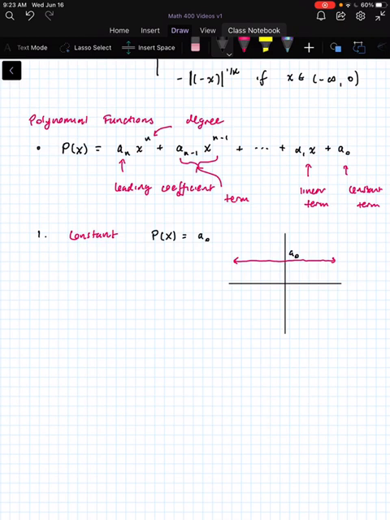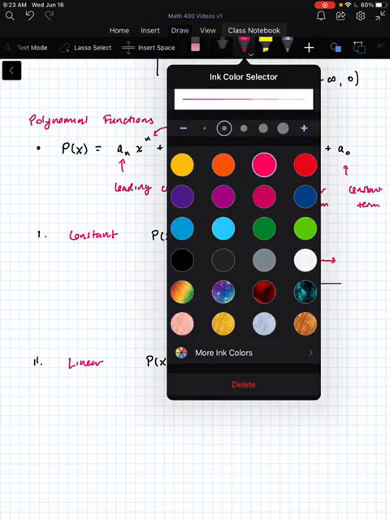However, the next case, which is the linear functions, we actually have discussed quite a bit. So we talk about them in excruciating detail in algebra. So P of x equals a sub 1x plus a sub 0. And you may recognize this more easily as mx plus b.